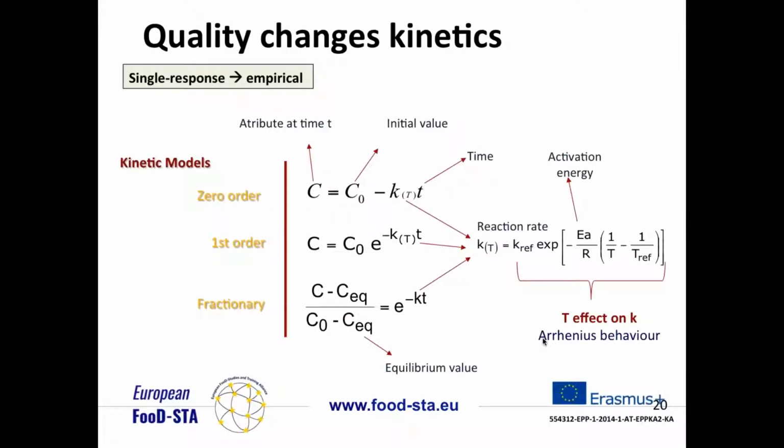Anyway, for single responses and empirical models, there is lots of information for different products and different quality parameters like vitamins, color, texture, and usually they use quite simple kinetics like zero order, first order, or fractional order, and they use the Arrhenius behavior as an empirical model to describe the temperature. But for quality changes, no databases are yet available.